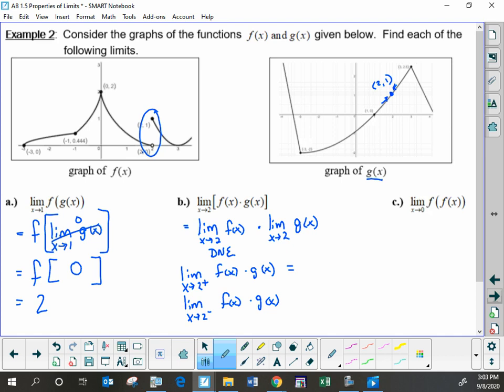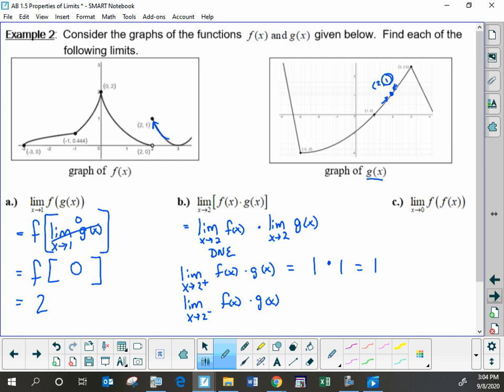All right, so from the right side of 2, it appears that we have a height of 1, don't we? I'm coming in from the right of 2. That's going to give me a 1. From the right of 2 for g of x, I'm also coming into a height of 1. So I get the limit from approaching 2 from the right as 1.